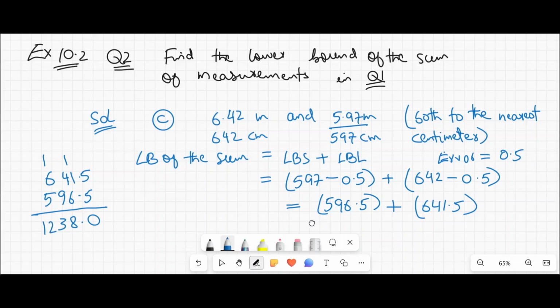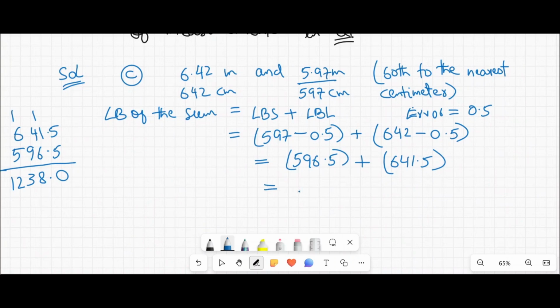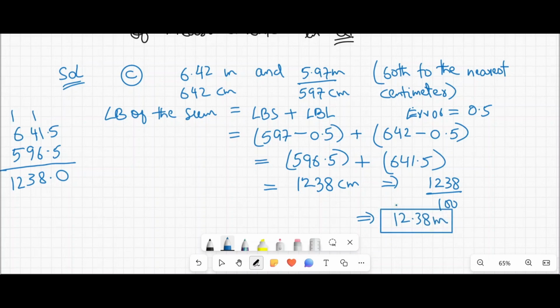So in the end we get 1238 centimeters. When we divide 1238 centimeters by 100, you will get 12.38 meters. So this is our final result, the lower bound of the sum of the measurements.